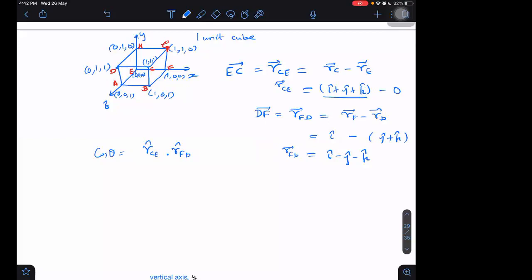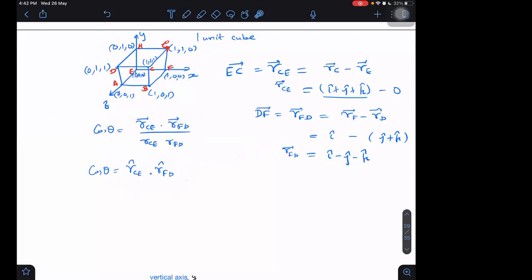Yes. I am writing in this way just to see whether you will get confused by this or not. Actually, yesterday I wrote the formula like this: RCE dot RFD divided by RCE into RFD, that is, A dot B upon magnitude of A into magnitude of B. That was yesterday.